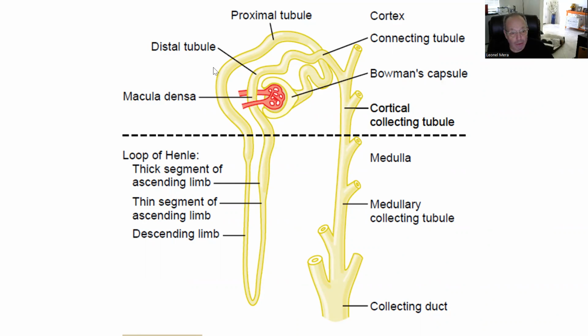The proximal convoluted tubule then is gonna drain all the filtrate into the loop of Henle. The loop of Henle has two parts. It has a descending limb, makes a U-turn, and then it has an ascending limb. The ascending limb is going to have a thin segment and a thick segment. This is followed by the distal convoluted tubule, which is going to drain into the collecting ducts.